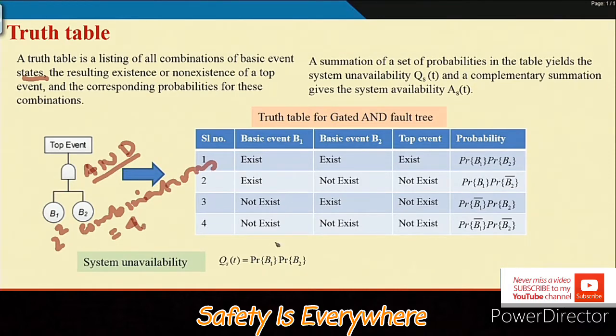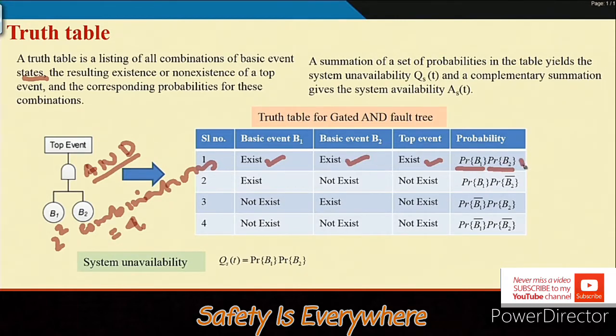The first combination is basic event B1 exists, B2 exists. If both B1 and B2 occur, then the top event occurs. So the top event exists. Then what is the probability? The probability of B1 existing is P(B1), and of B2 existing is P(B2). As both events are independent and linked with an AND gate, the top event probability will be P(B1) times P(B2).